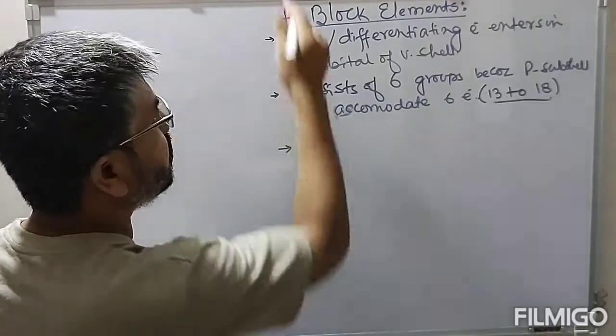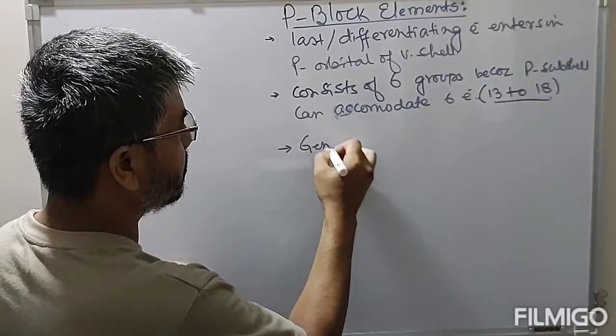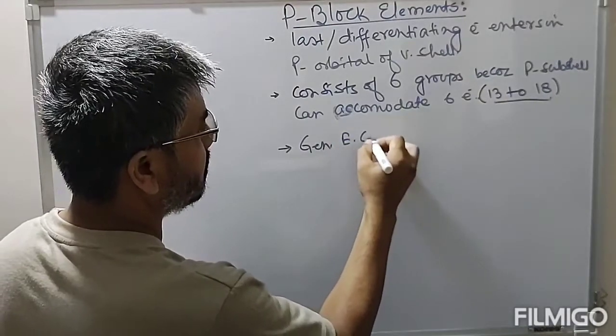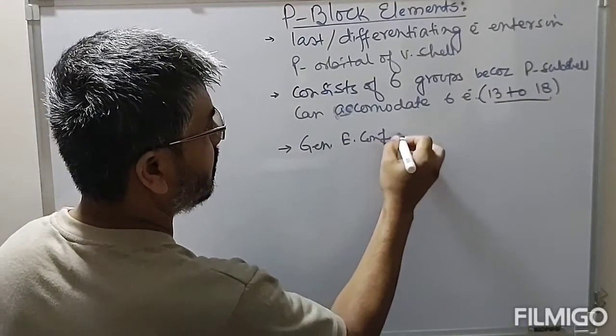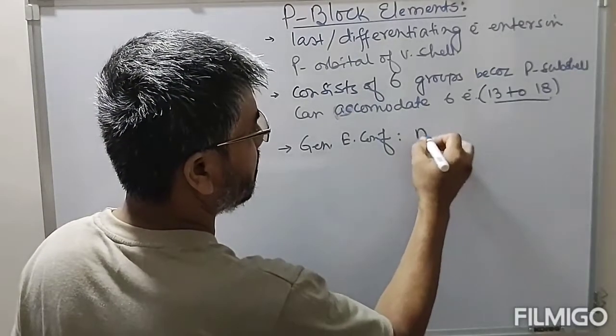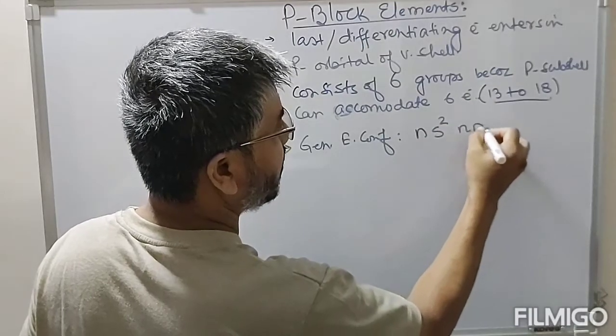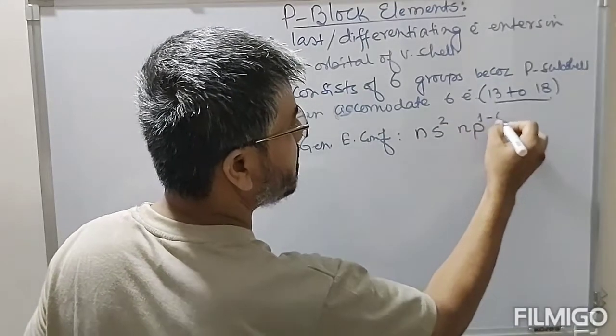Now, for these p block elements, the general electronic configuration of the valency shell is ns2 np1 to 6.